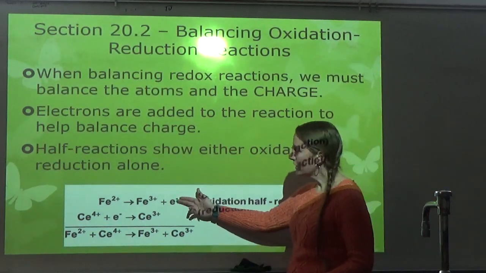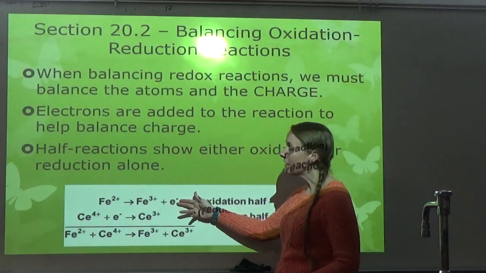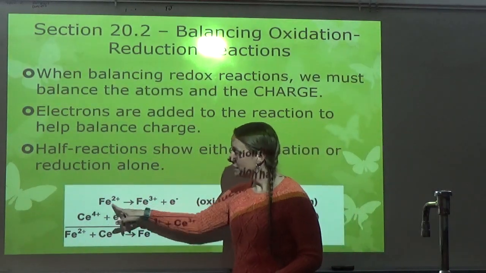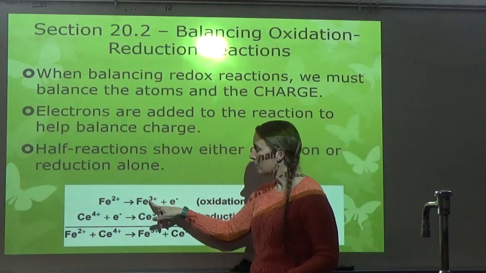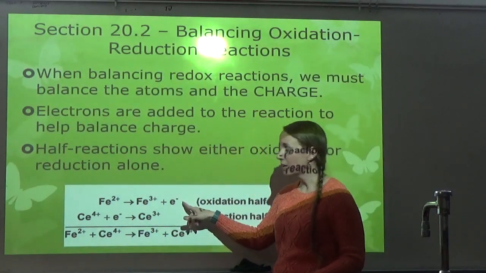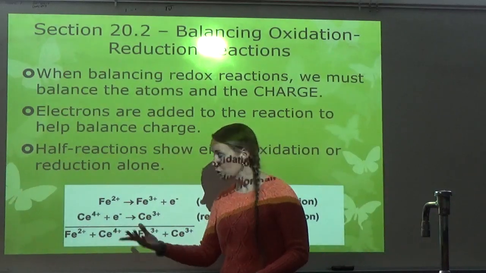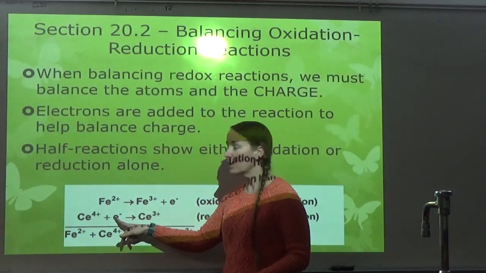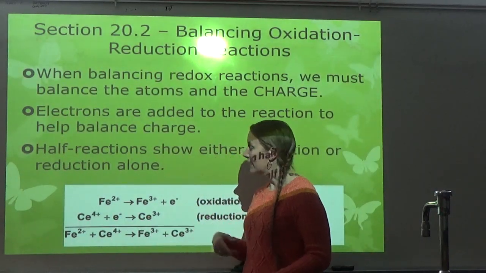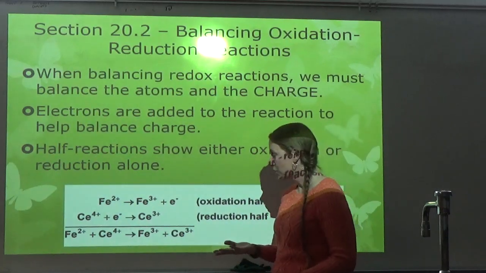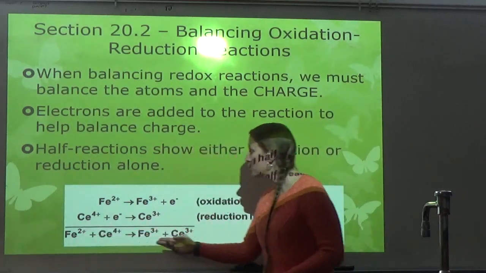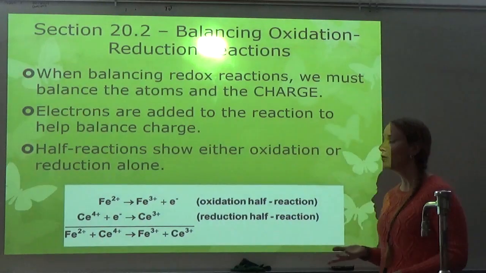Here's a half reaction where it's oxidation, it's loss. See, it was +2, now it's +3 plus an electron. Reduction shows when it has gained an electron. So here we have Ce and we're adding an electron to it, and that's making Ce with only a +3 charge. And when you combine the two half reactions, that's our overall reaction.